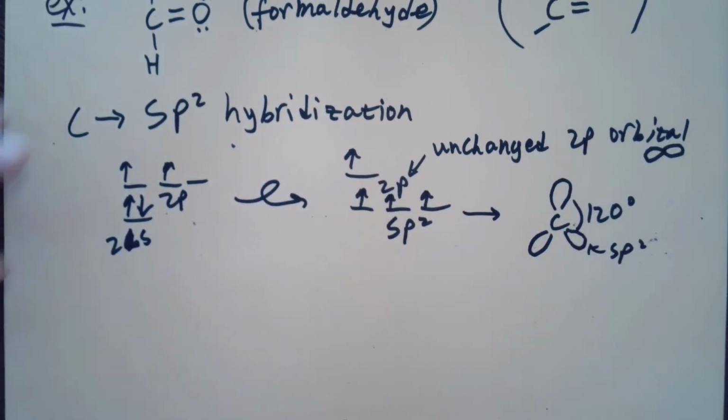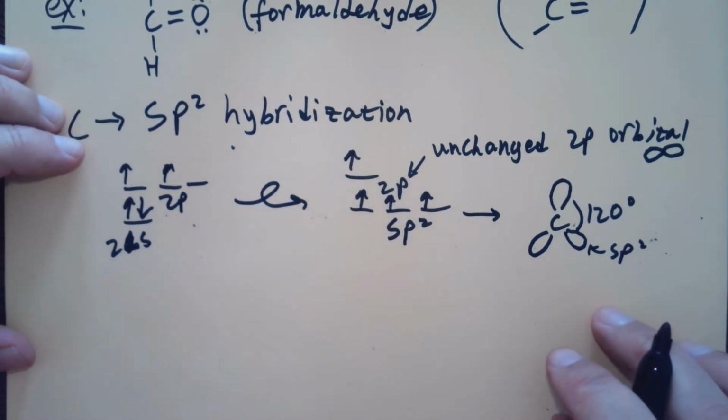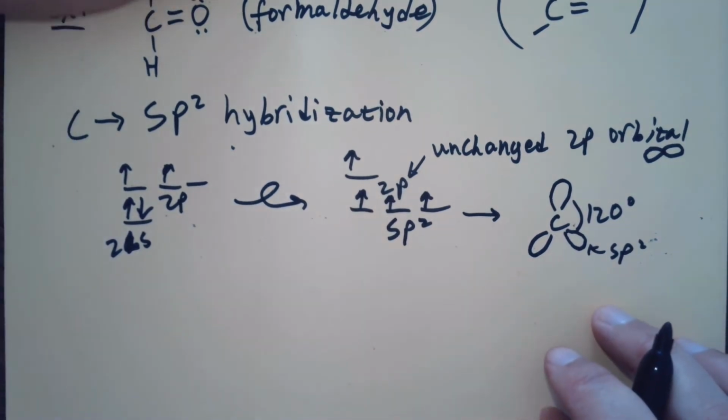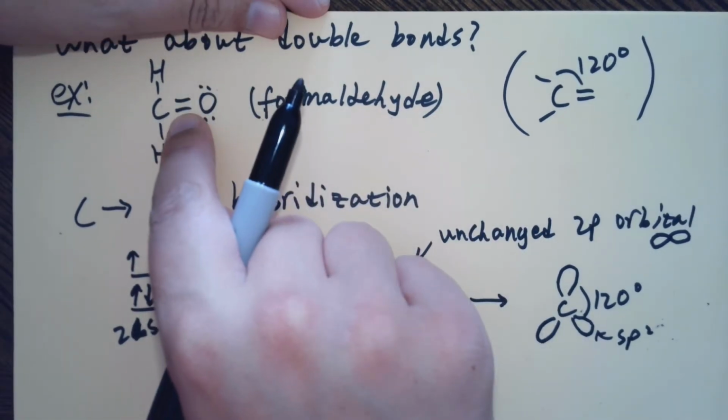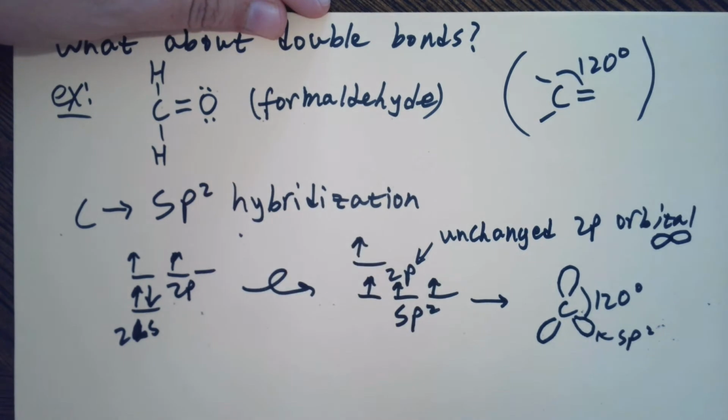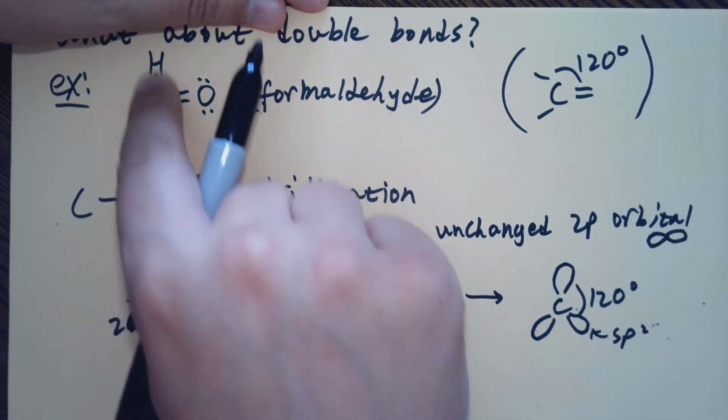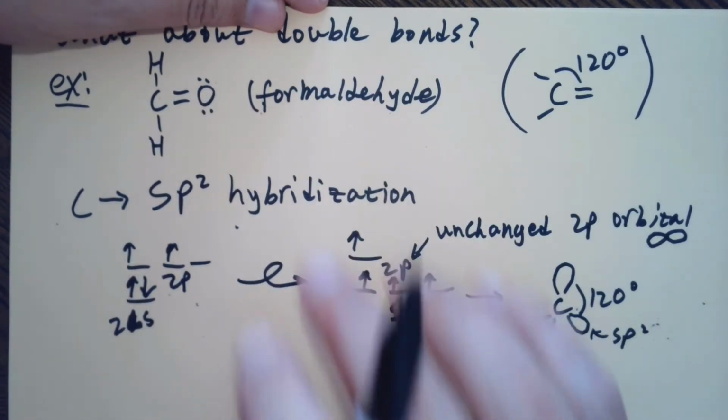Alright? And so if we look at what carbon is doing, oxygen is going to be doing the exact same thing. So oxygen has 3 electron groups around it as well. It has a bonding group, and then it has 2 lone pairs. So instead of having bonds with hydrogen, it's just going to have 2 electrons already in those.